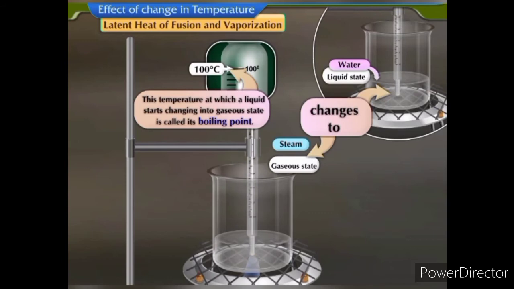During this change of state from water to steam, the temperature remains constant till all the water gets converted into steam. Whatsoever heat is supplied to the water, the heat is utilized in changing the state of water to water vapor.